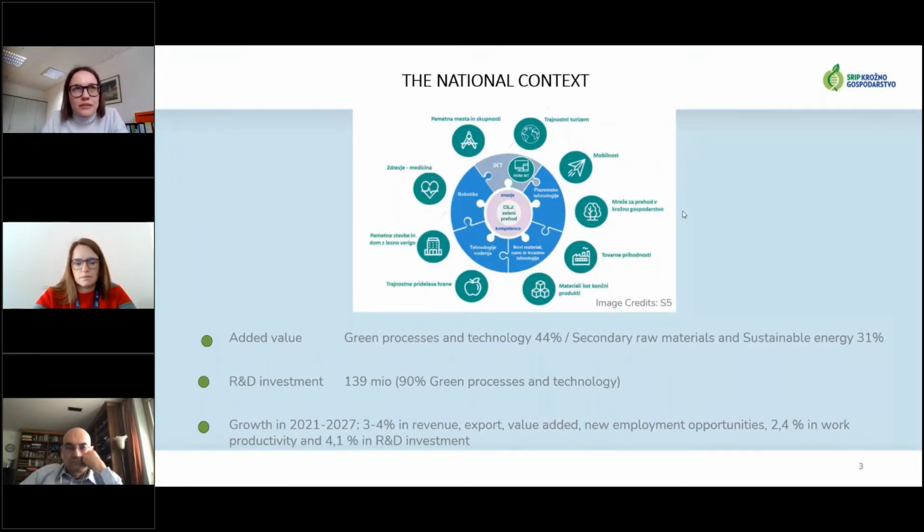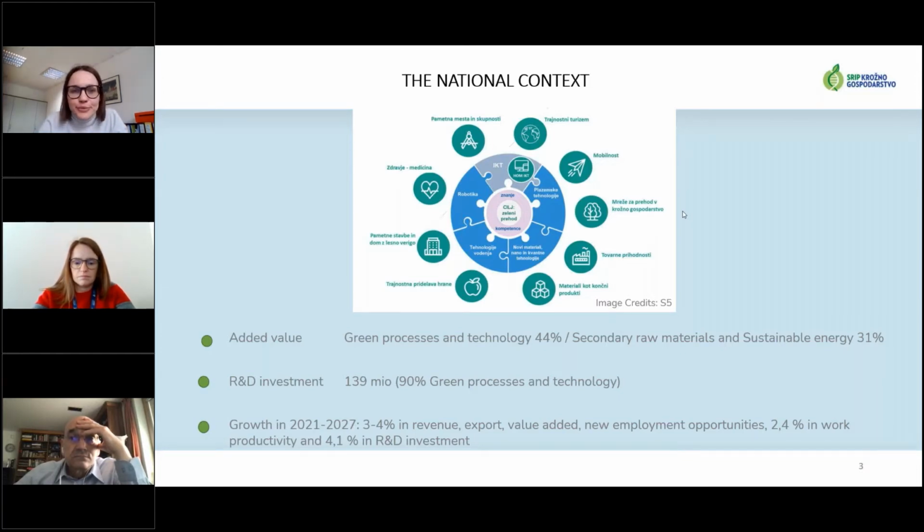From European context, I will switch to the national one. You can see in my slide the picture that is taken from our new smart specialization strategy, which is still in the phase of being adopted in its final form, but I think this will happen in a month or so.